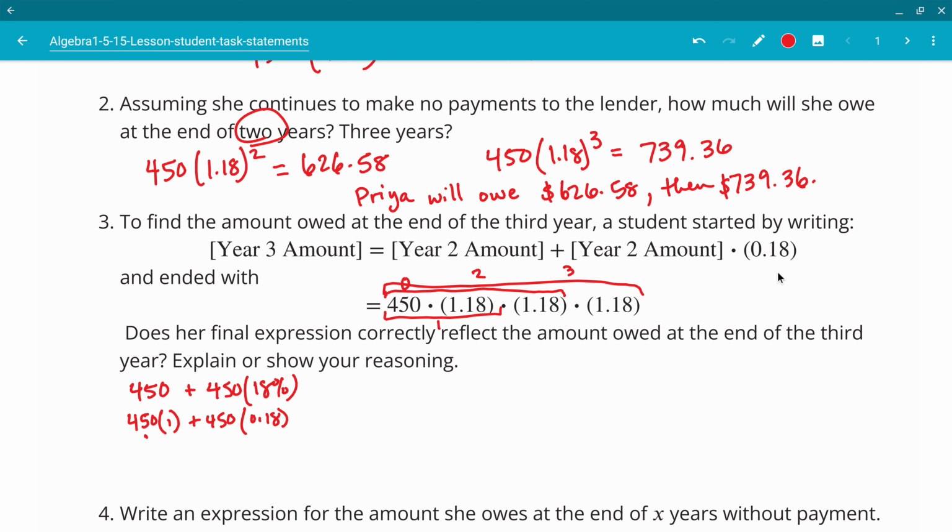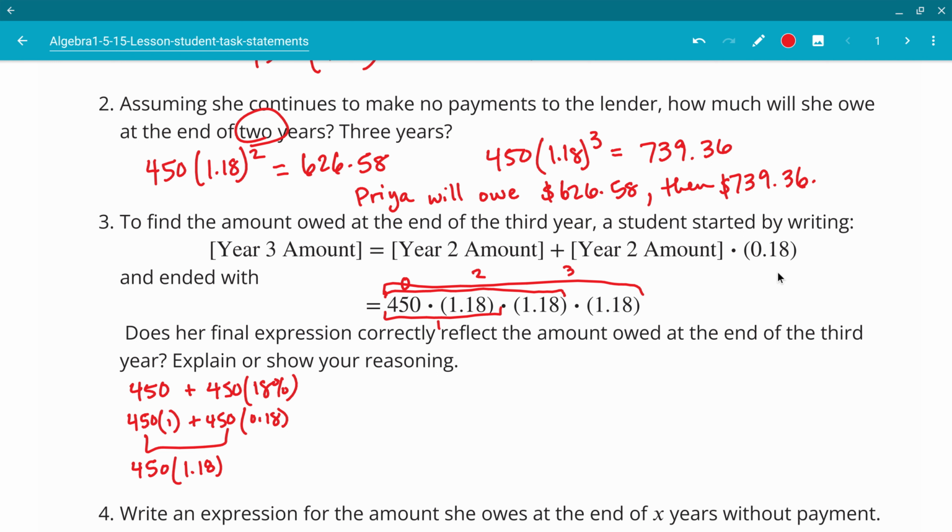Because we have the 450s right here, we can factor it out, and we get 450 times the quantity 1 plus 0.18, which is 1.18. So this gets us our expression for year 1.